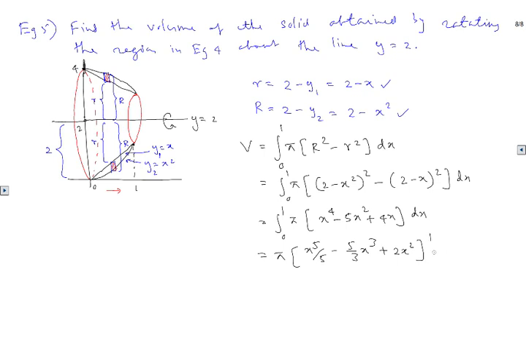Okay, so we have 1 and 0, and when you plug in 1 and 0, you end up getting pi times 1/5 minus 1/3 plus 2.